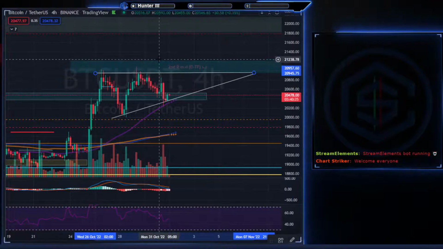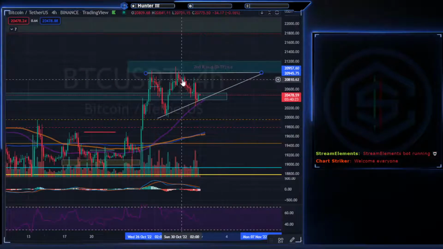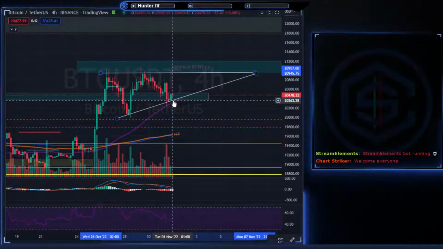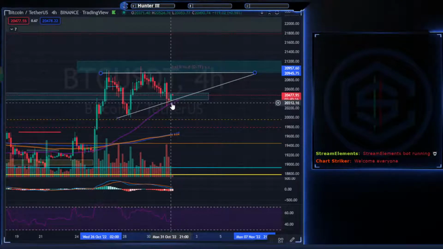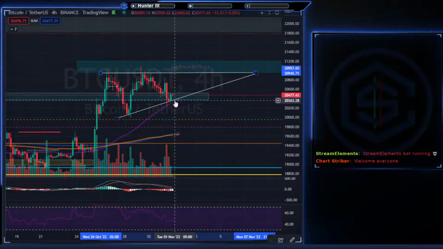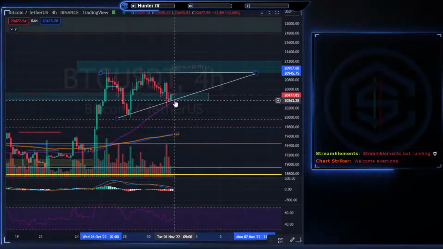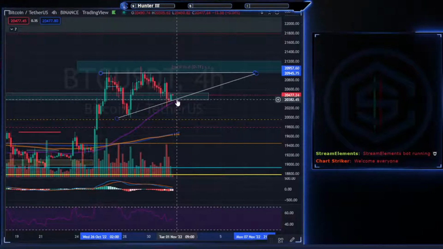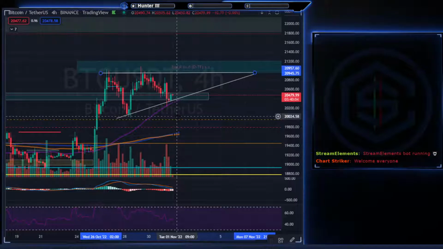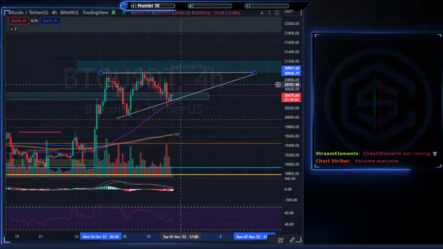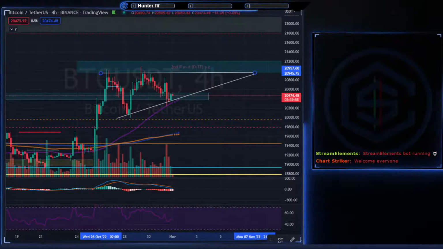But the point I'm getting to is right now, as long as we do not break below this level, and open a new candle below it, that would be below 20,300 and around 20,300 levels, we could be forming an ascending triangle. That is very possible right now.